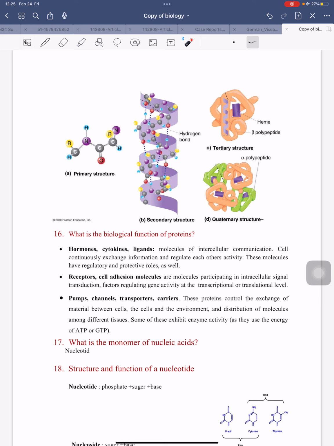They need ATP. Channels pass material, for example ions, like a gate or carrier, which we will study later. This protein controls the exchange of material between the cell environment and the outside of the cell. Also, some of them need energy because it is active transport, using ATP or GTP.